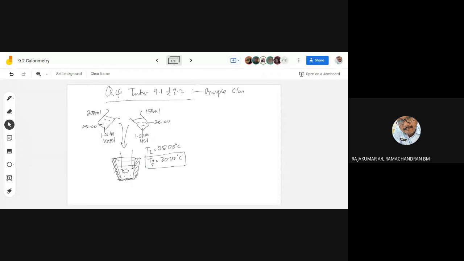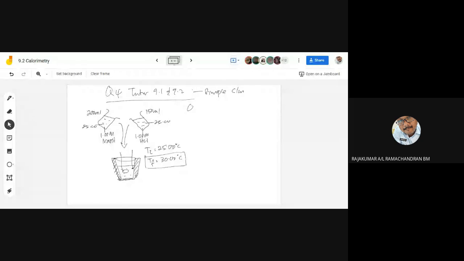Okay. So the question wants us now to find the enthalpy of neutralization, and they said the specific heat capacity of the solution is assumed to be, so saya letak sini C solution. C solution maksudnya specific heat capacity of the solution 4.18 joule per gram per Celsius, and then they give you the density of the solution is 1 gram per milliliter.